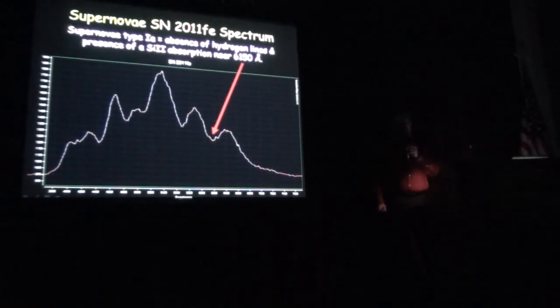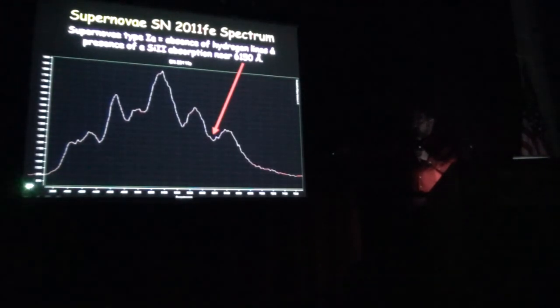Well, what's happening is that silicon, ionized to the first level, produces these broad bands. Normally this is not at 6150, it's normally at 6200, but because of the speed of the material of the explosion, we now have a blue shift towards us, and a blue shift means that the absorption band feature has gone to the left here, because short wavelengths are blue and long wavelengths are red.